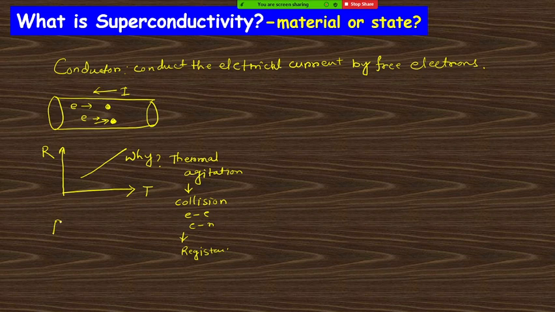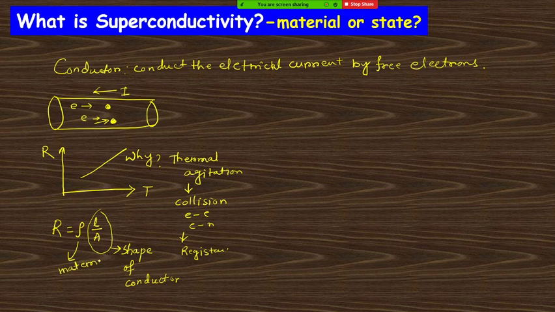Actually, the resistance is nothing but rho L by A. L is the length and A is the cross-sectional area of this conductor. So these two parameters are related to the shape of this conductor, and this rho depends on this material. This is the material property.